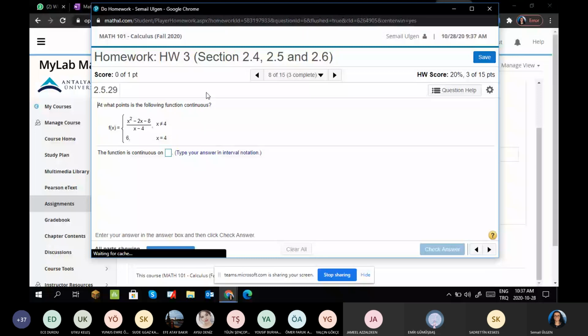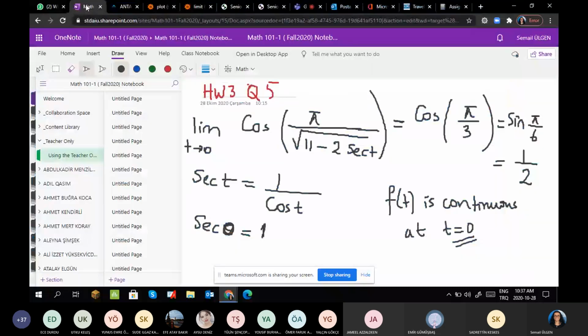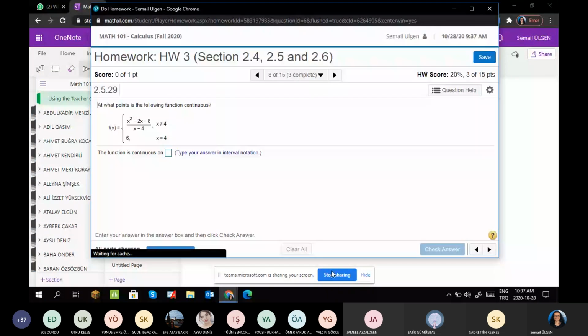F of x is equal to x squared minus 2x minus 8 over x minus 4, and 6 whenever x is 4, and otherwise it's the other one. Okay, let me go back to our page. This is question 8, homework 3.